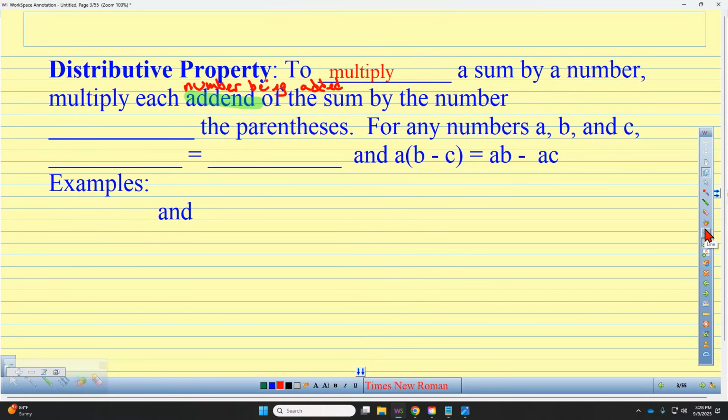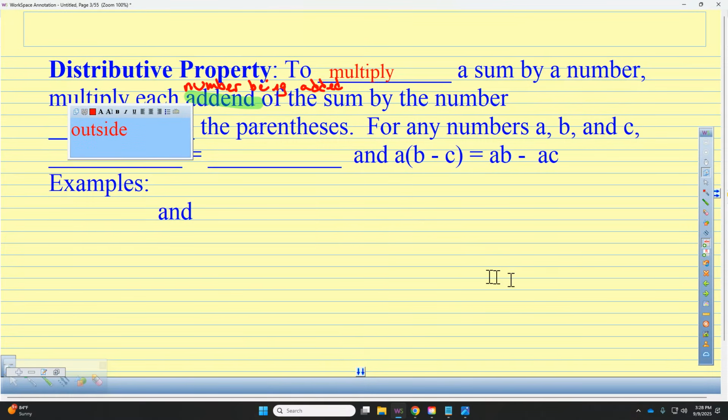By the sum of the number outside the parentheses.